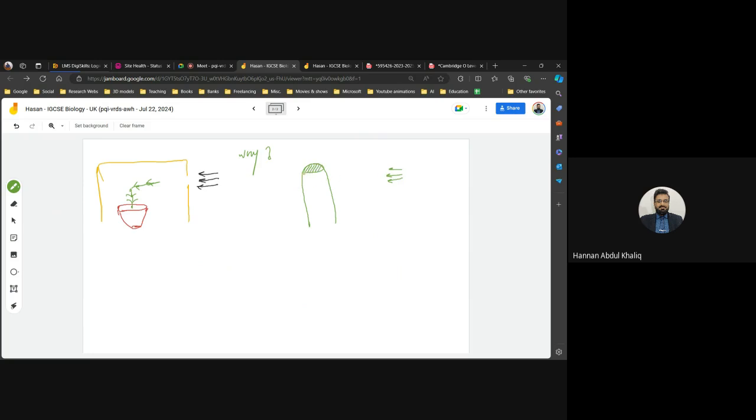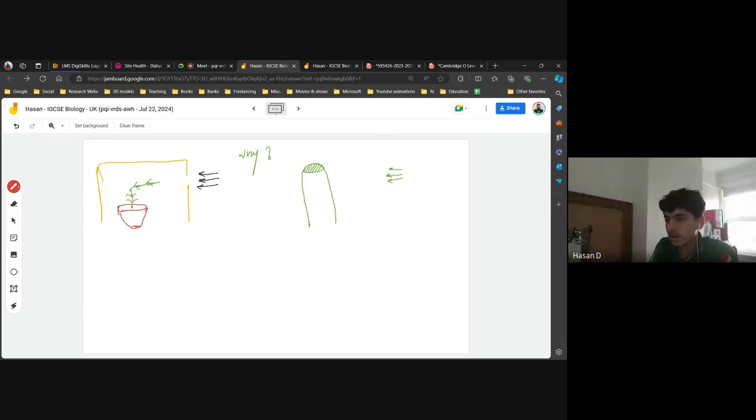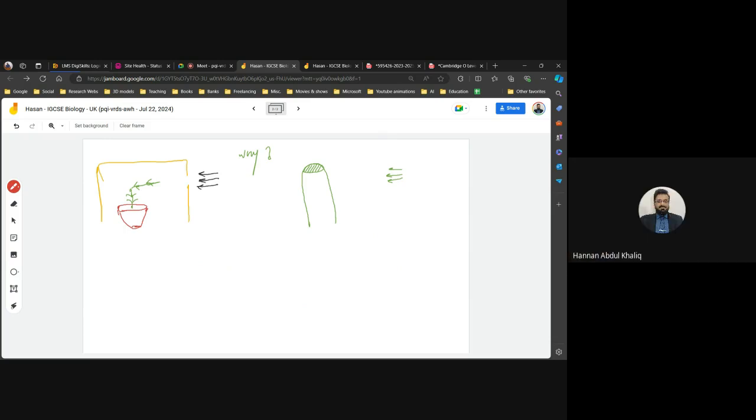Where would the auxin accumulate if the light is falling from the right side?